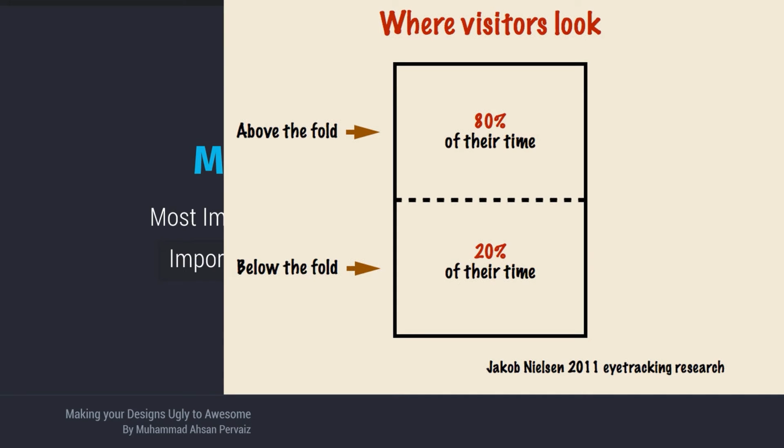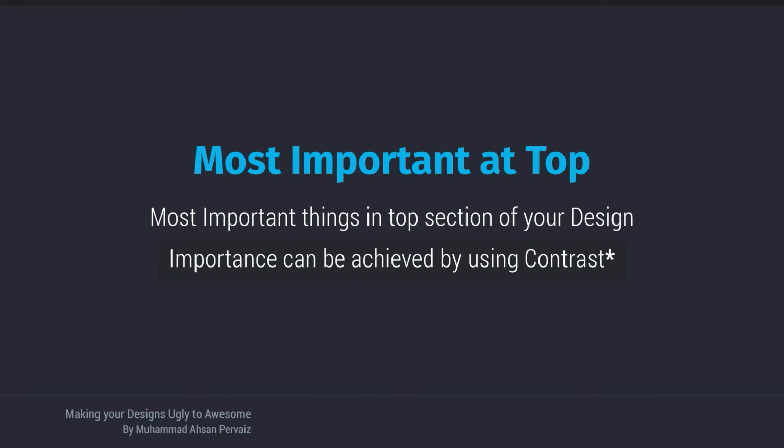The fold was actually the page height, beyond which you need to scroll to see the next content. So this is basically the concept that if you have something important, you want your user to view it instantly. So it must be at the top, it must be grabbing the user's attention instantly, and it must be moved to the top in the order of scale of importance.